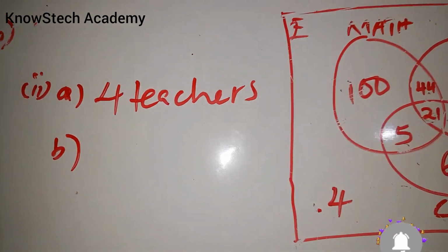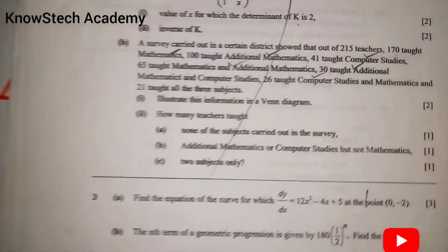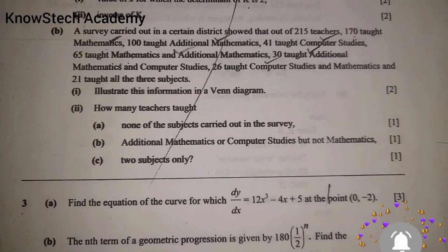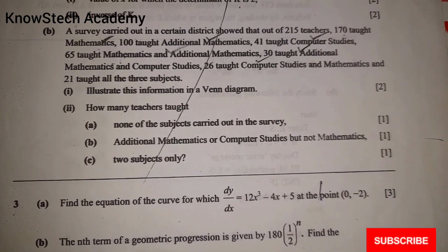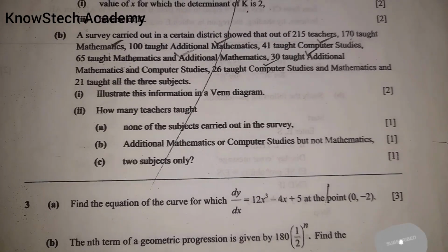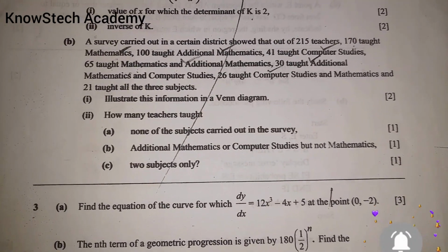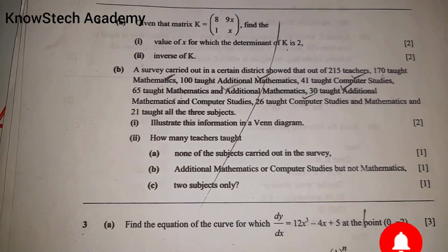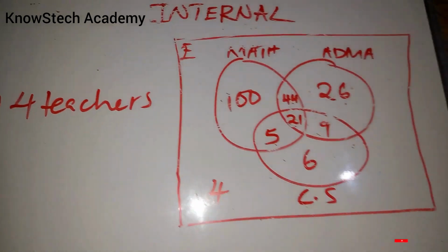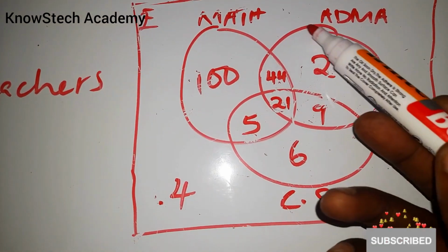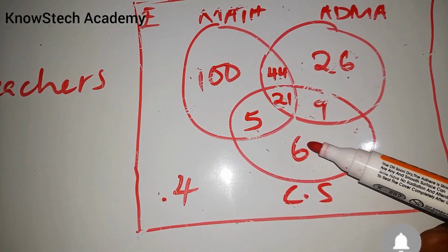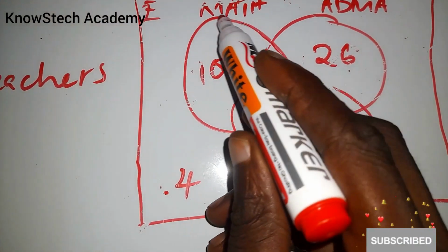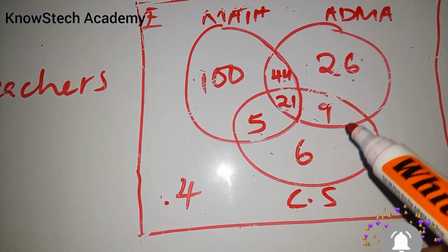It is simple when you have illustrated the information correctly in the Venn diagram. 2. How many teachers taught additional mathematics or computer studies but not mathematics? Okay, not and, but or.